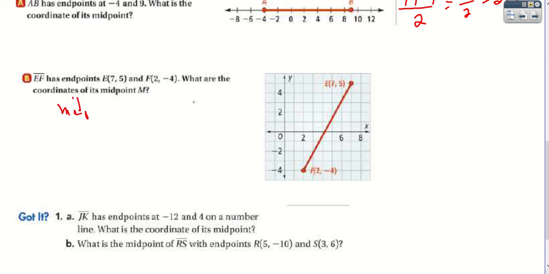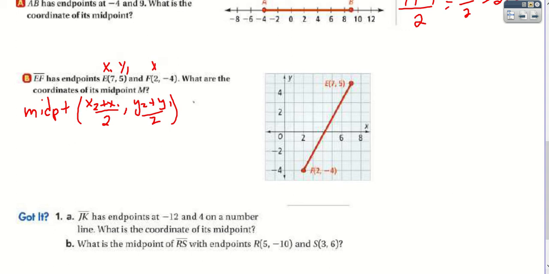So the midpoint, PT for point: x2 plus x1 over 2, and then y2 plus y1 over 2, the average. The first point gets x1, y1, the second point gets x2, y2. It doesn't matter which point you pick as the first point, just be consistent.